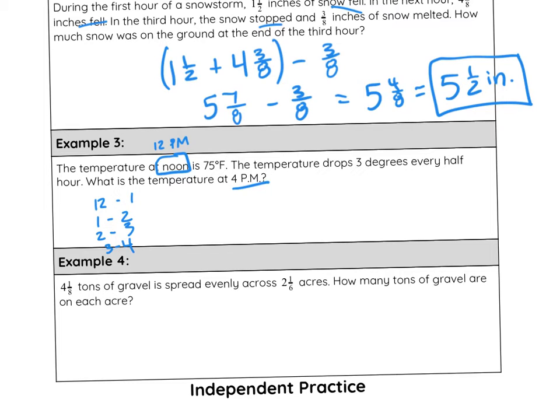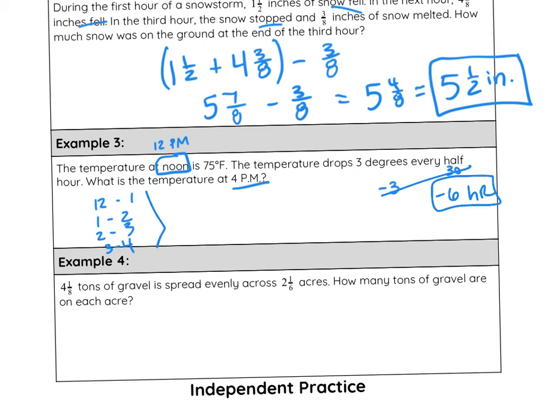It's dropping 3 degrees every half hour, which means it's dropping how many degrees every hour. Every half hour is 30 minutes, and every hour is 60 minutes. So if it's dropping 3 degrees, that's -3 every half hour, meaning it's dropping 6 degrees every hour.